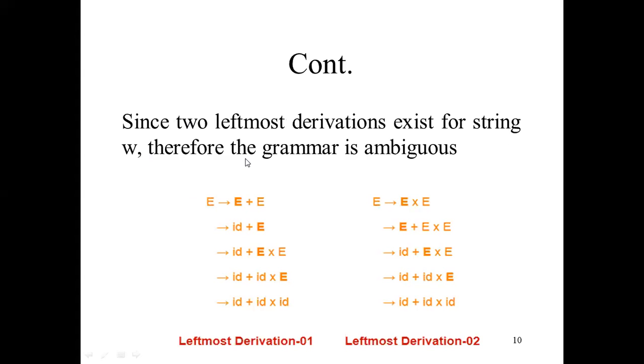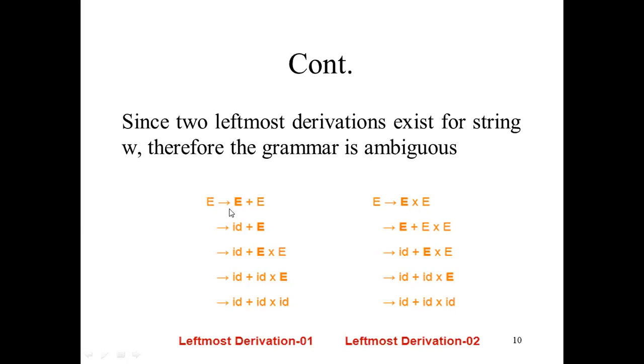So in the preceding slide, you have already studied the number of options in which you can prove that the given expression or the string is ambiguous. So this is another way to prove the expression to be faulty.